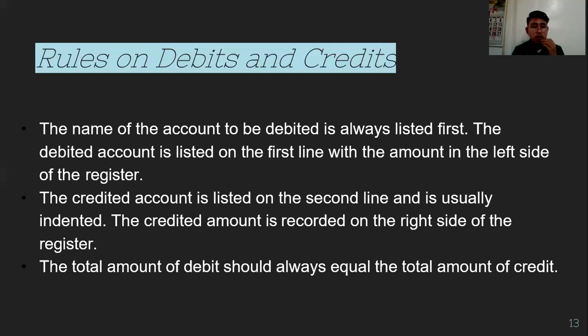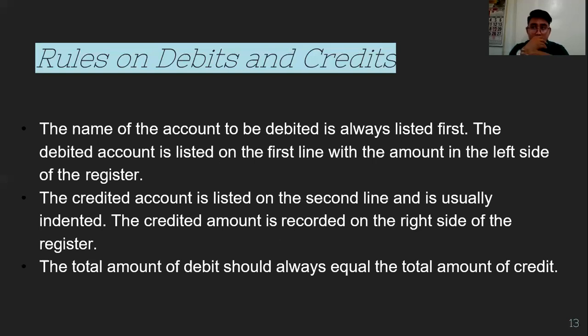You put the name of the account to be debited. The debited account is listed on the first line and the amount on the left side of the register. So pinaka left side, doon po ilalagay yung account title. Next is the credited account. It is listed on the second line and is usually indented.